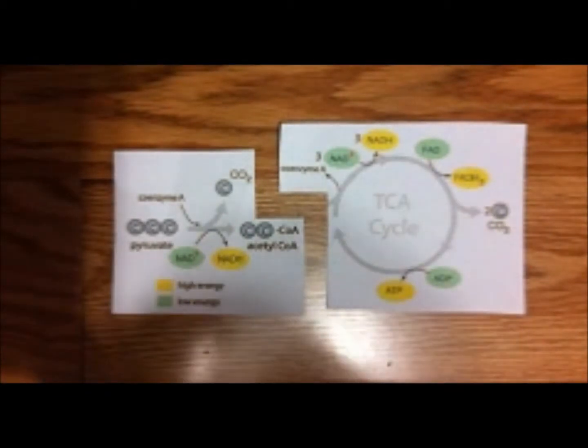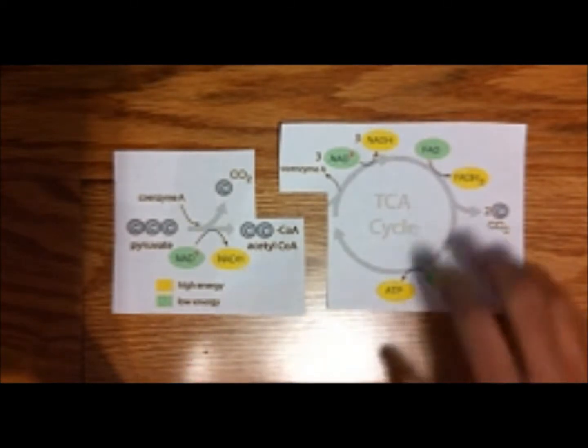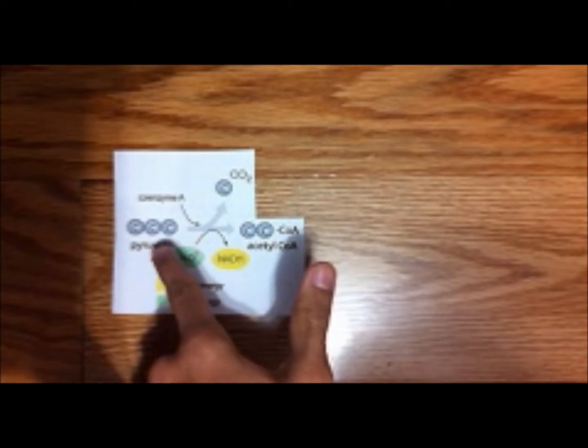After glycolysis is pyruvate oxidation and Krebs cycle, which make the 2 parts of the second step in cellular respiration. The first part is the pyruvate oxidation, which occurs in the matrix of the mitochondria. In this process, the 2 pyruvates from the glycolysis are oxidized.